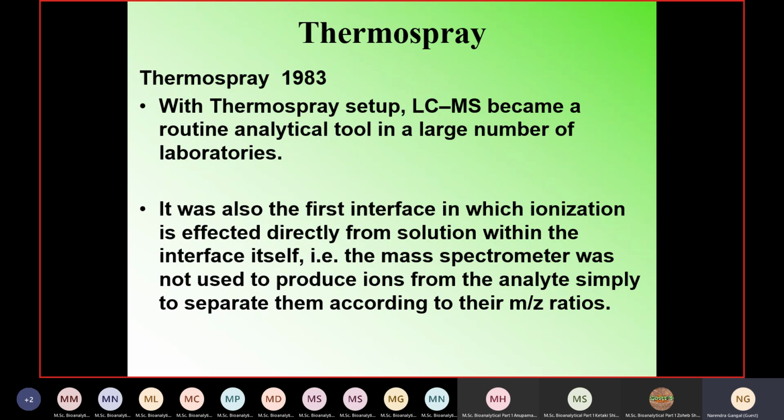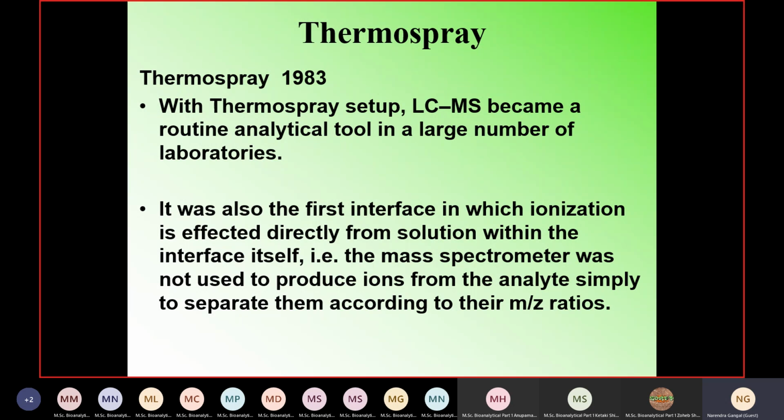Anybody remembers this? No? Okay. So you must remember that when 1 mole of a substance is evaporated, it will generate 22.4 liters of gas at normal temperature and pressure.